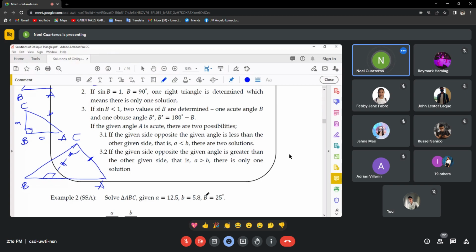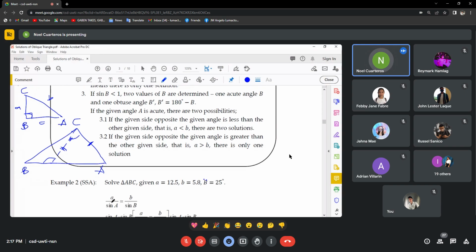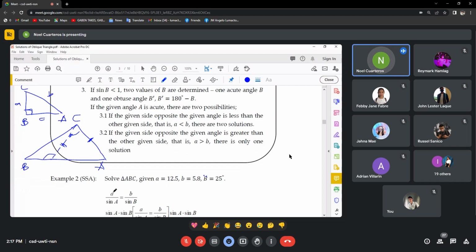So, since given na angle ni B, dili given ang angle ni A, so, pangitaon na nato ang angle ni A. So, that's why, a all over sine A is equal to b over sine B.